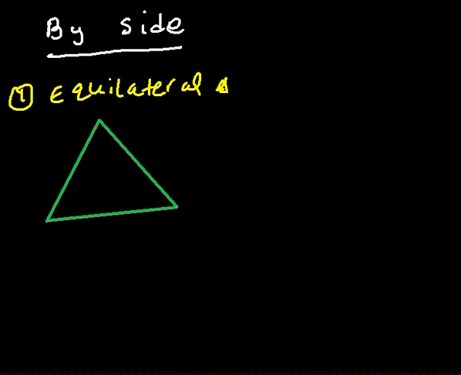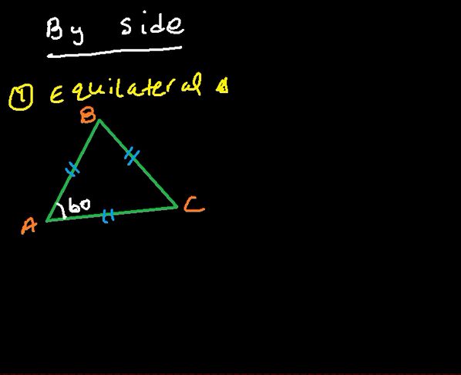Let's say this can be given as the triangle A, B, C. Since all these sides are the same, you can say this side and this side and this side are the same. That's what we call the equilateral triangle. Also, since all sides are equal, the internal angles are also equal, and basically they are 60 degrees.